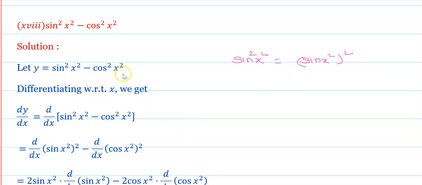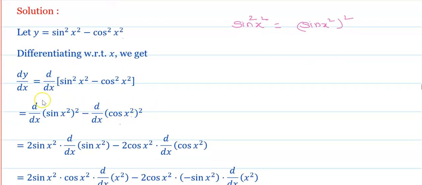Similarly, cos square x square can be written as cos of x square and bracket square. And hence y is equal to sin square x square minus cos square x square, differentiating with respect to x. Therefore, dy by dx is equal to d/dx of sin square x square minus cos square x square. And again, this can be written as d/dx of sin of x square bracket square minus d/dx of cos of x square and bracket square.